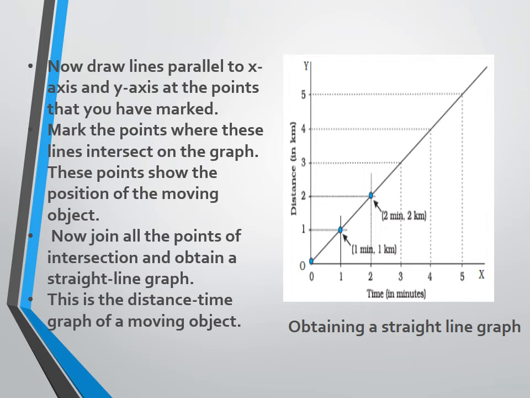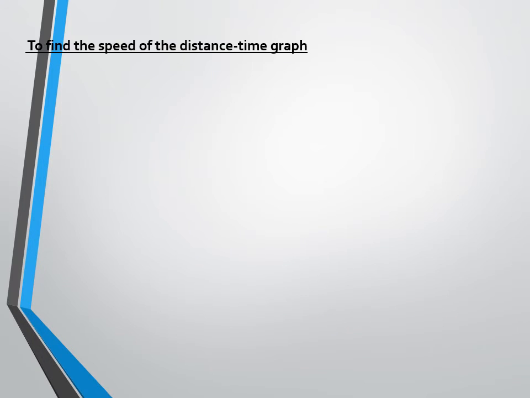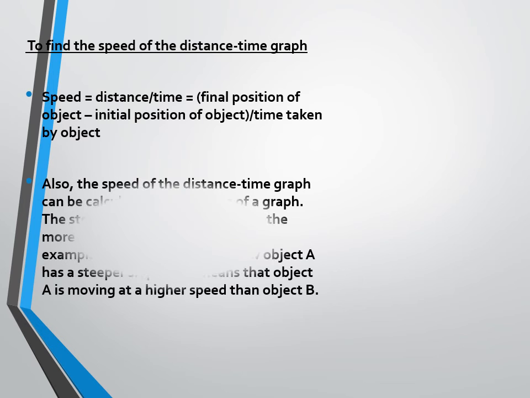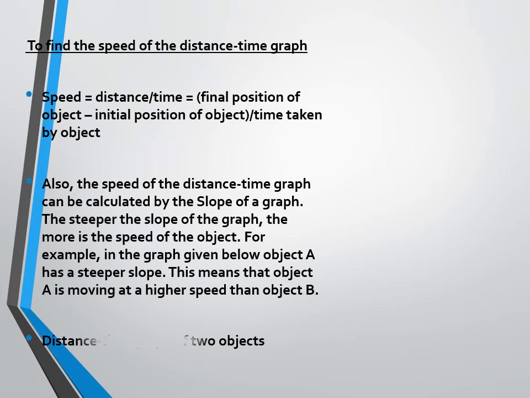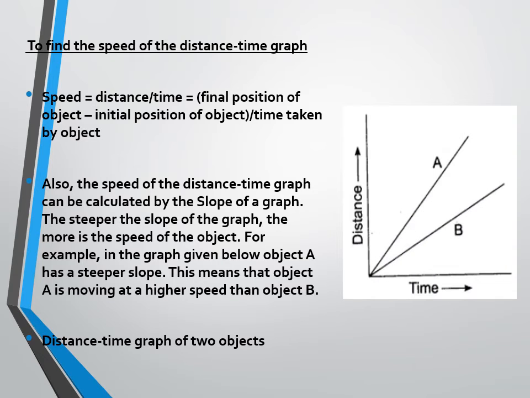For example, if two cars are moving, how can we plot a graph like this? We need to plot a graph of distance and time for the cars moving. In this graph, you can see two lines, A and B, not actually parallel.